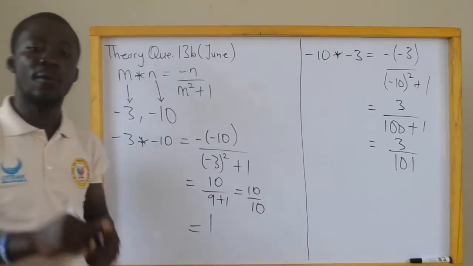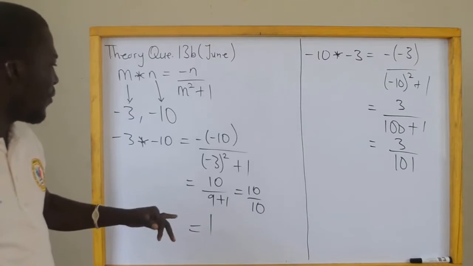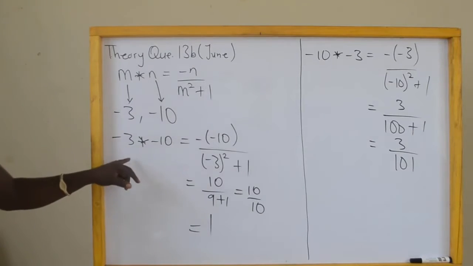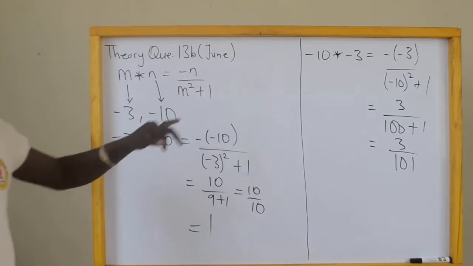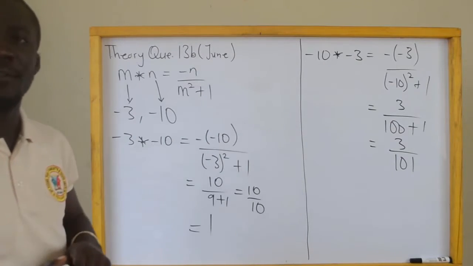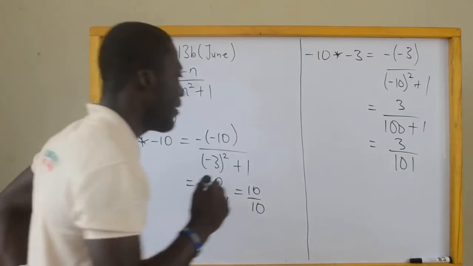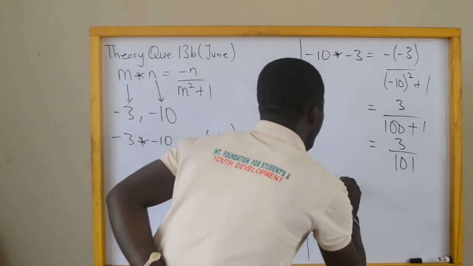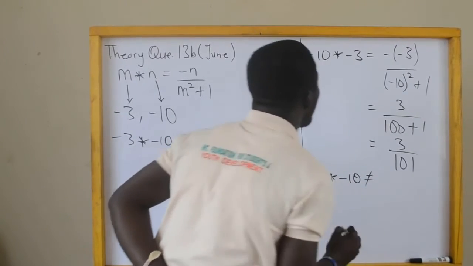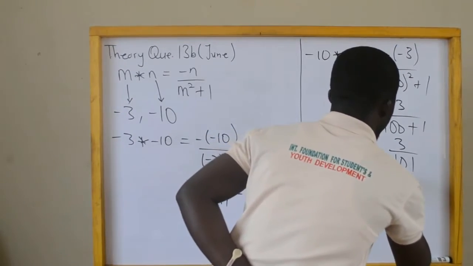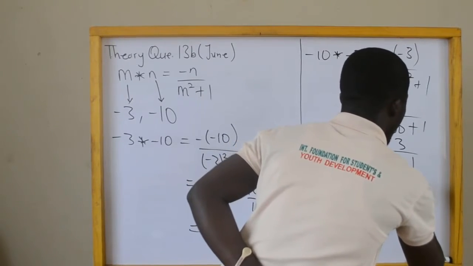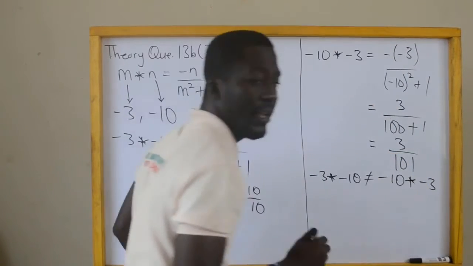So we can see that negative 3 star negative 10 is not equal to negative 10 star negative 3.